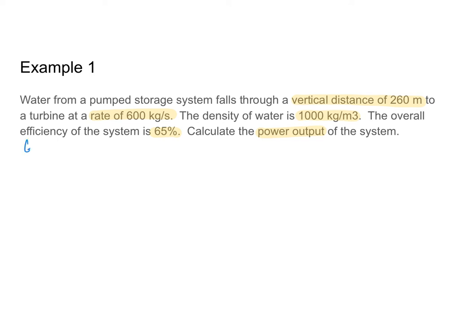So looking at our givens, and actually before I do that, I'm going to go ahead and draw my picture. My water starts up here, travels downward to my dam, and in that time, it's going to go through a height of 260 meters. And that's kind of the key here. Anywho, let's look at my givens. I know that delta H is equal to 260 meters.